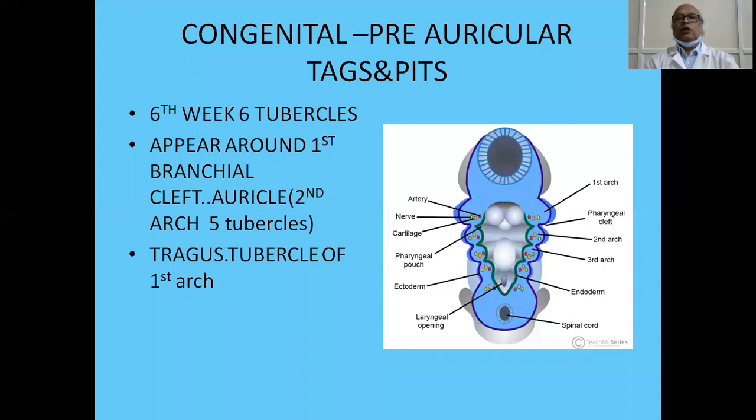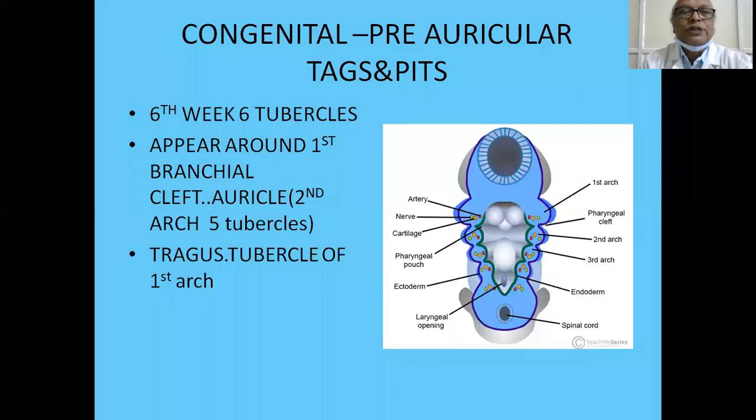Generally, if you recall the embryology of the ear, around 6th week of intrauterine life, 6 tubercles appear around the first branchial cleft. An auricle develops from the second arch because of the fusion of 5 tubercles, whereas from the first arch, the tragus of the ear develops.